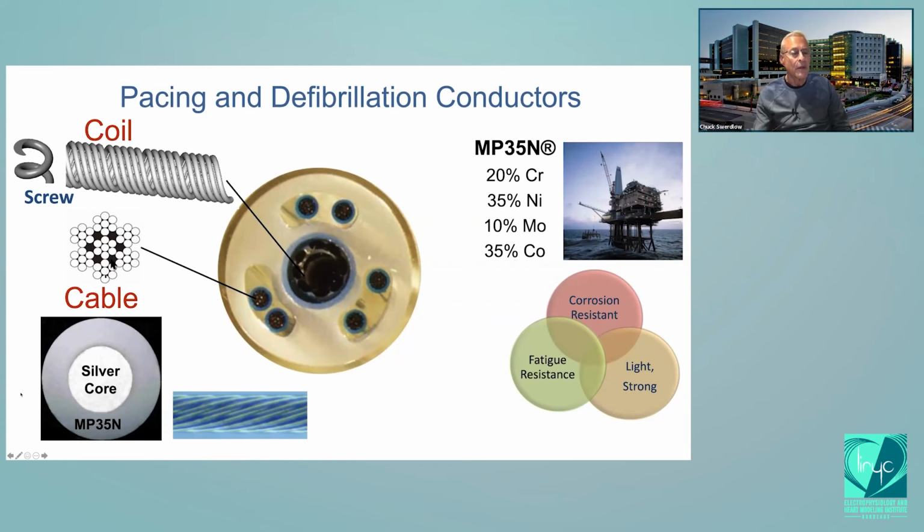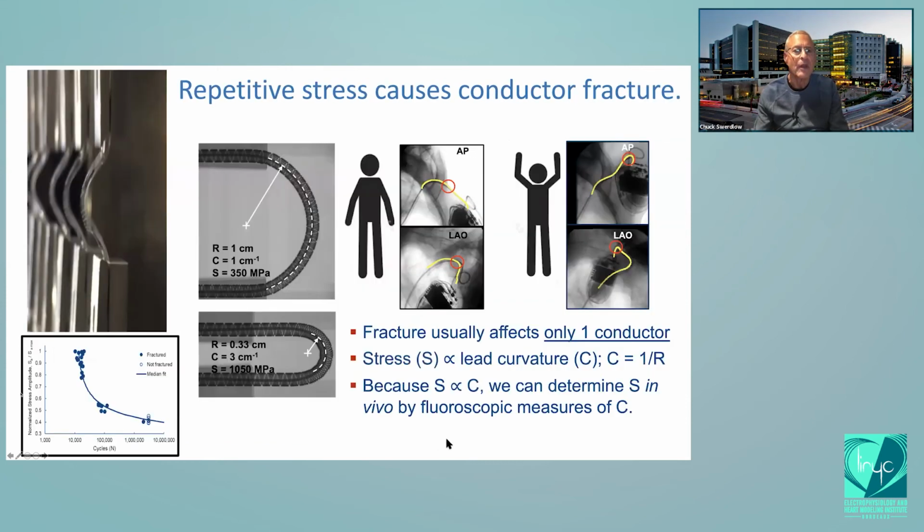In a cable it might be 20 ohms, but once we put one or two silver strands right through the middle, the electrical resistance goes down to 1 ohm. And we'll learn in a minute that resistance is what determines power dissipation and energy dissipation in the lead. And when we're delivering high voltage electricity and a lot of energy, we don't want it to be dissipated in the lead in the body. So that's the construction of the conductors.